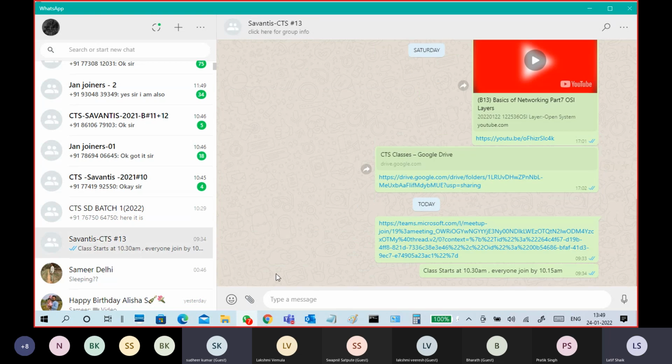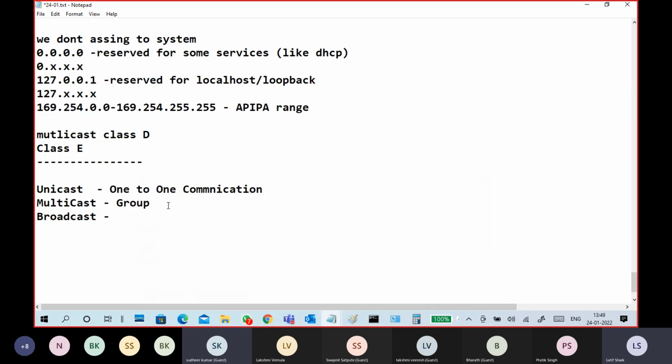If I send a message in batch 13, only batch 13 people get it. That is called multicast addressing. Multicasting means only a specific group of devices or systems communicate with each other. The address is the same for all the people.